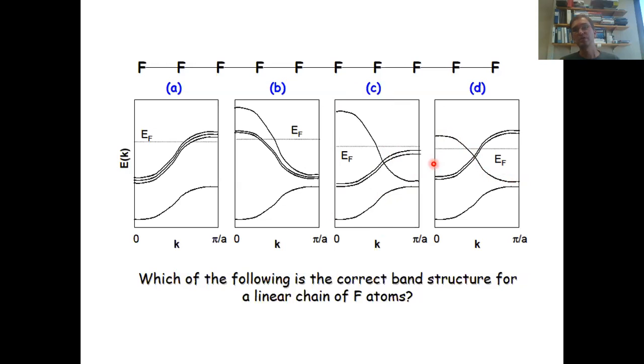In the case D, the bandwidth for the pi orbitals is about the bandwidth for the sigma orbitals, which is not a good representation. A better representation is that the bandwidth for the sigma orbitals is larger than the bandwidth for the pi orbitals. All right, so that renders C the correct answer.